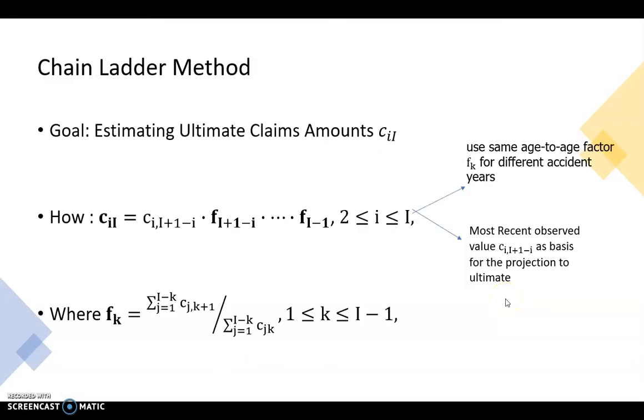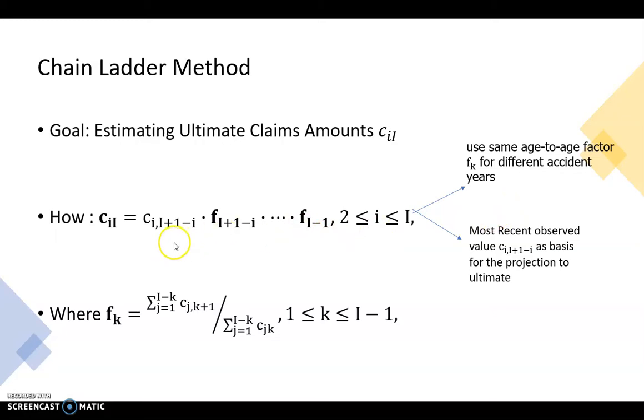So here's our goal: to estimate the ultimate claims amount C_iI. We show the core formula here to calculate the estimated value of C_iI. We do it by multiplying C_i,I+1-i by all the other H to H factors, and we are using the same H to H factors f_k for different accident years.